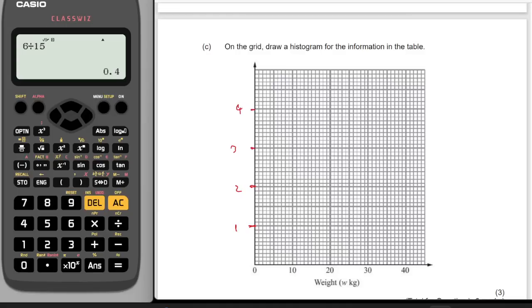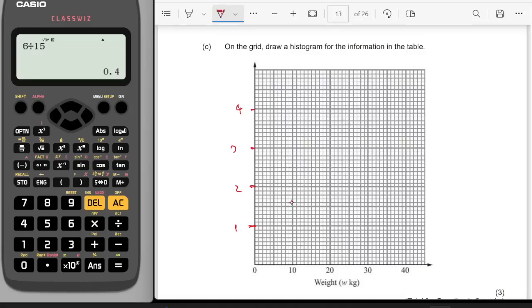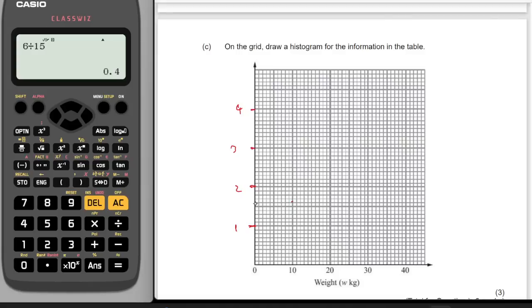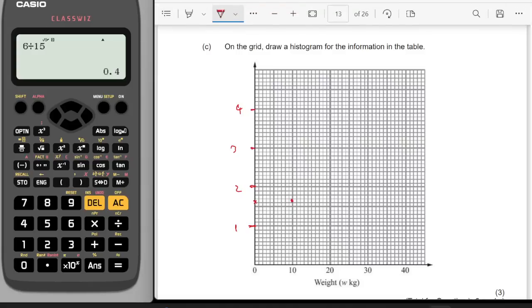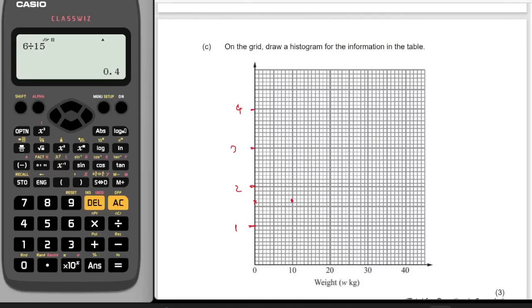Right, so my first group going from 0 to 10 is going to be 1.6, which is going to be there. So I'm just going to plan the sketching of it before I actually go to my ruler. My next one is going to be 10 to 15, which is going to be 3.6, so that's there to there.